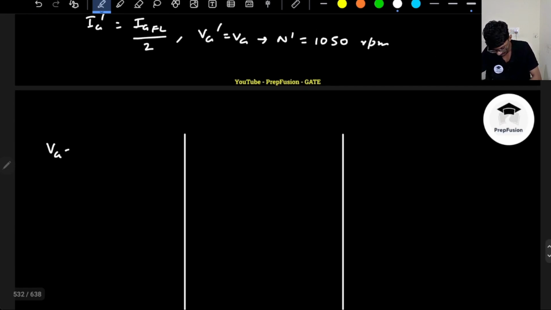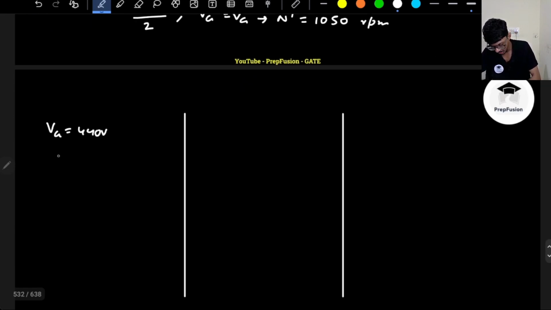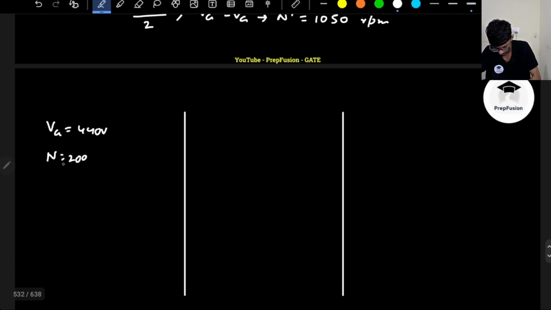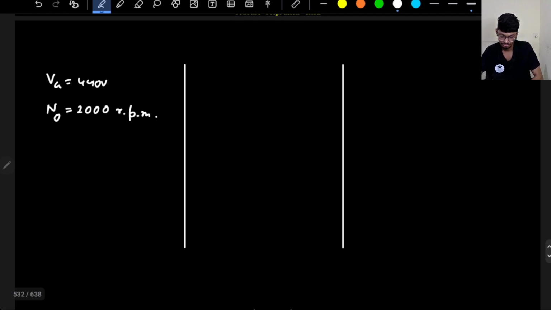So in the first case Va will be 440 volts, the speed N naught will be 2000 rpm, and your Ia naught will be 0 because it is operating at no load.